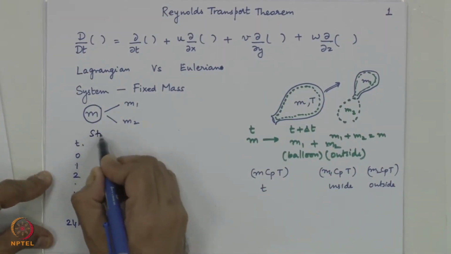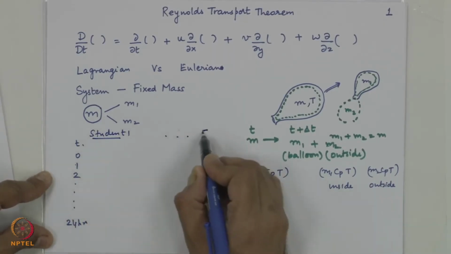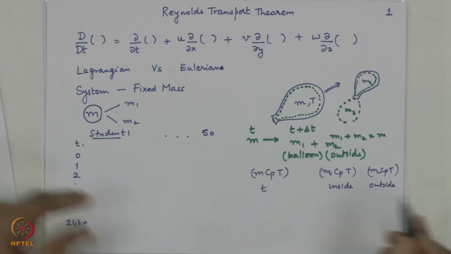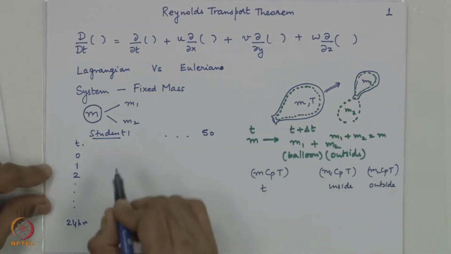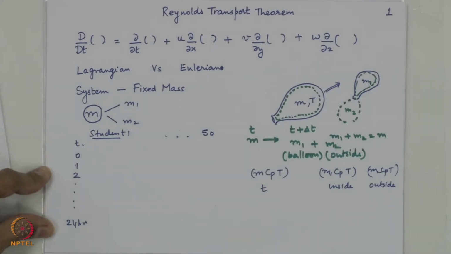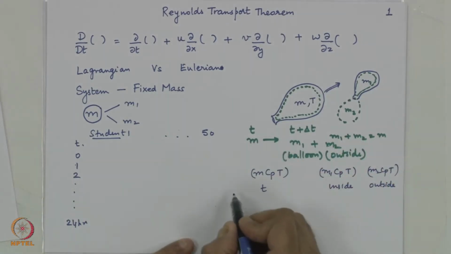This is for student 1. You can do this for all the students, up to student 50. So, you will know where they are going, what they are doing, what they are eating, where they are sleeping, etc. Tracking every particle, ultimately I will have data for all the 50 students. System analysis would help me understand what is happening to everything related to the system.